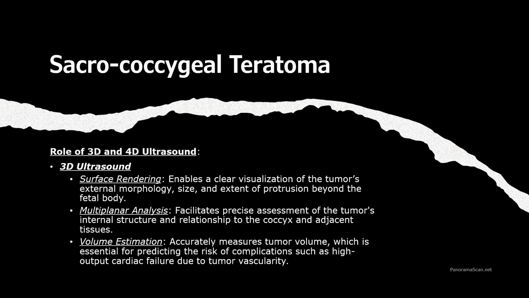Using multiplanar analysis provides a precise assessment of the tumor's internal structures, as well as its relationship to the coccyx and surrounding tissue. This helps in understanding the anatomical involvement and planning the approach for surgical intervention.